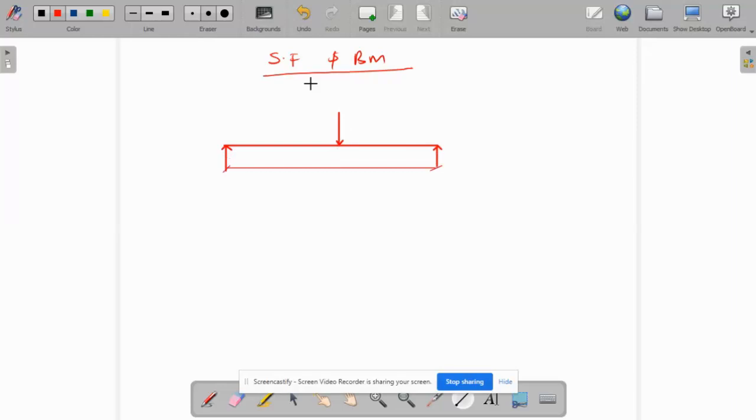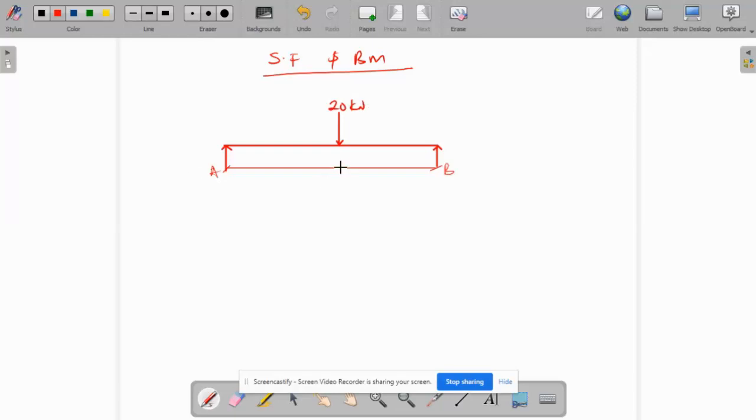So if this is A and this is our B and this is our W, let's call this W, which is 20 kilonewton.